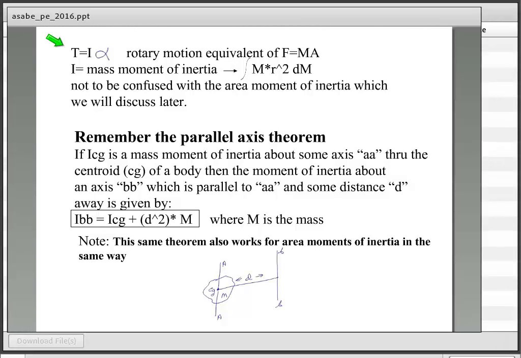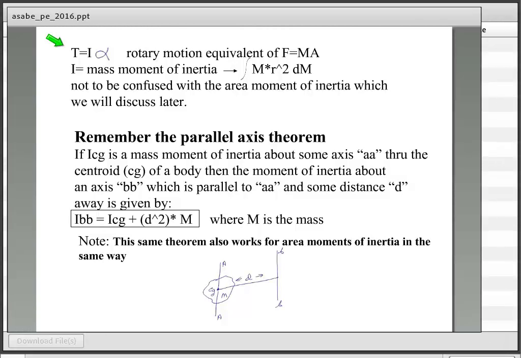And what we're talking about here in the case of torque being I alpha, I is the mass moment of inertia, which is defined as the integral of the mass times the square of the radius, with respect to an axis of rotation.